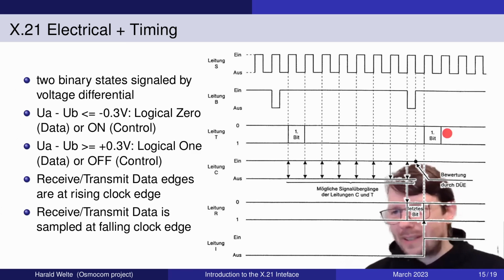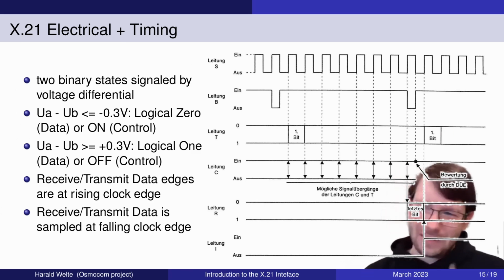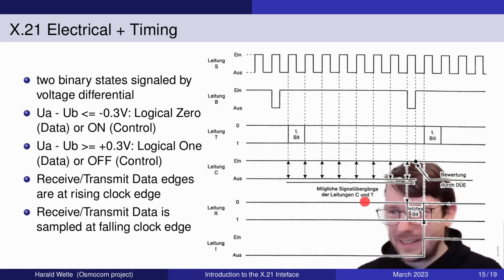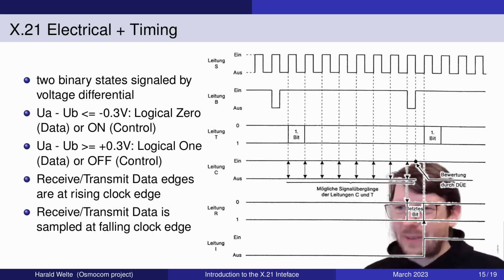And if you look at this diagram, which is not in the spec, of course, it would be way too simple if the ITU would specify such a diagram, you could understand what happens. Of course, the ITU specs only contain a textual description of this, but this diagram was found in a German book on this subject. So you can see here we have the S, the bit clock rate, where on is on and off is off.